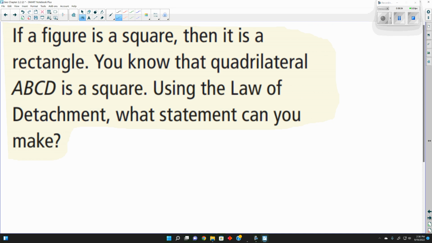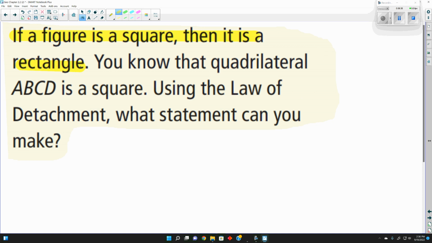If a figure is a square, then it is a rectangle. So that's the statement that we were given. This is our starting statement. You know that quadrilateral ABCD is a square. So is that telling us that the hypothesis of this statement is true? Because what's the hypothesis? A figure is a square. ABCD is a square?